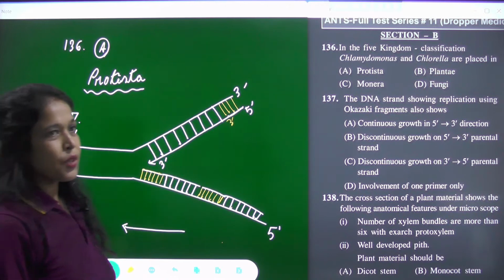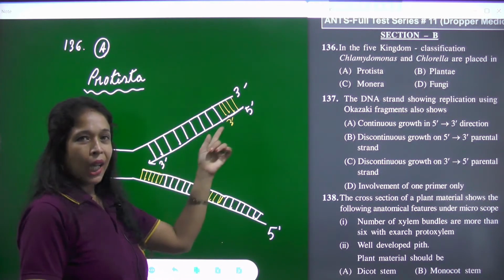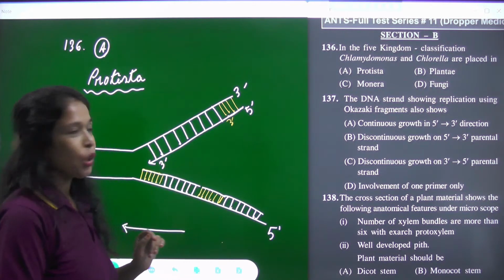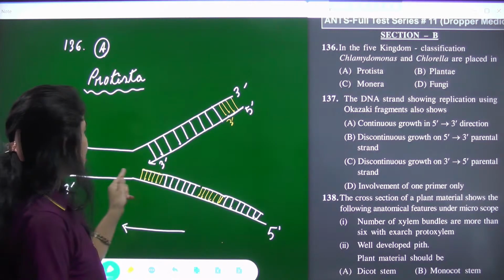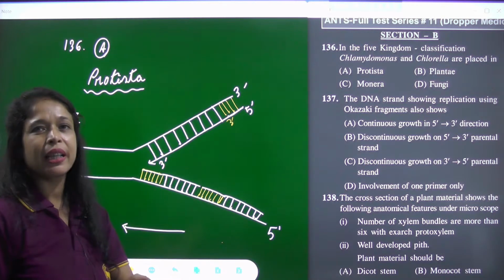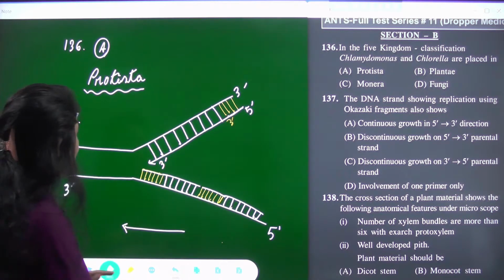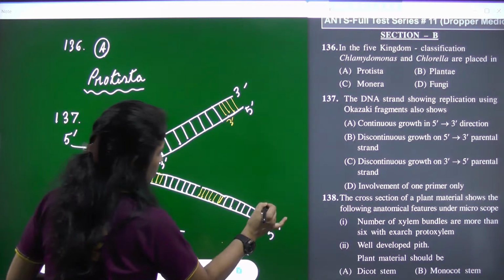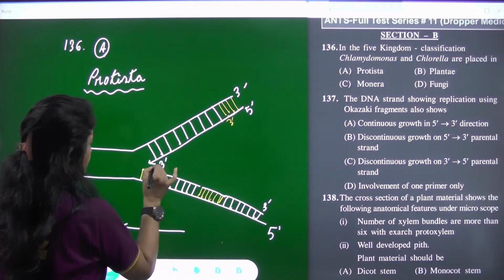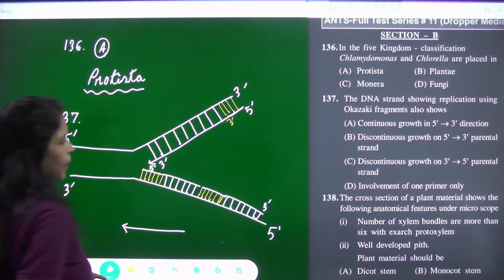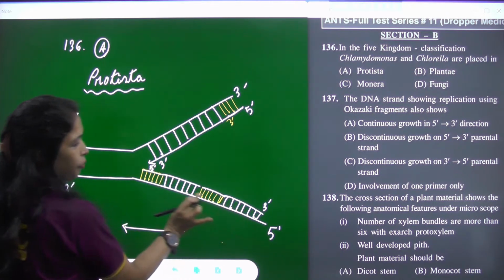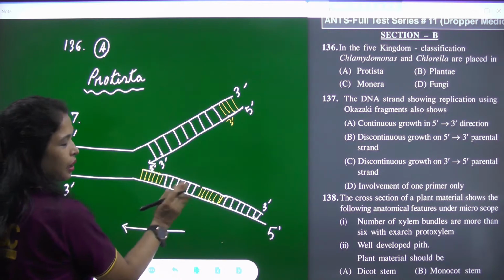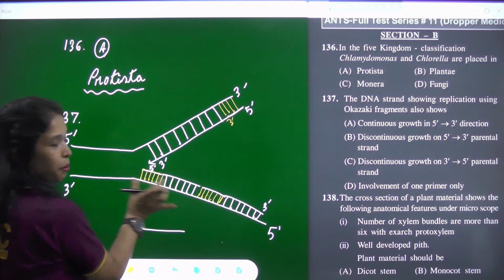One daughter DNA is formed continuously, and this continuous DNA we call the leading strand. This is the leading strand, continuous, and this DNA you can see is formed discontinuously with again opposite polarity. This newly formed DNA is formed in fragments.